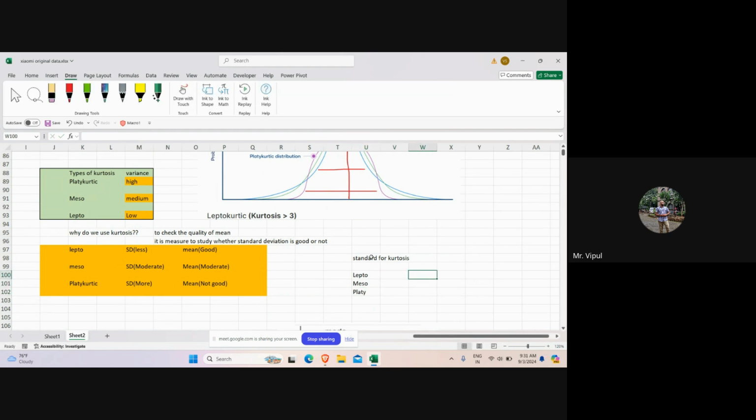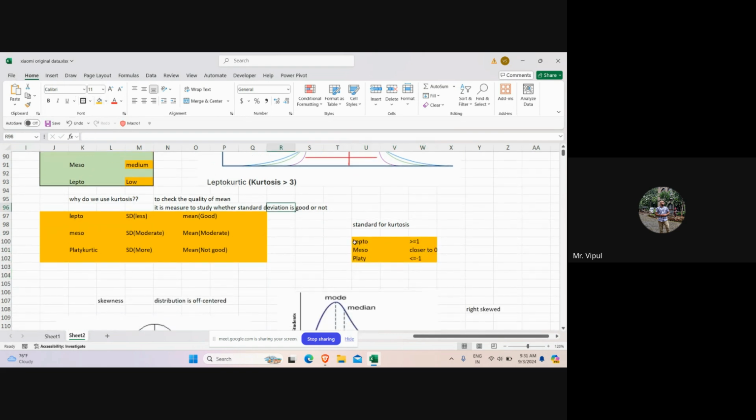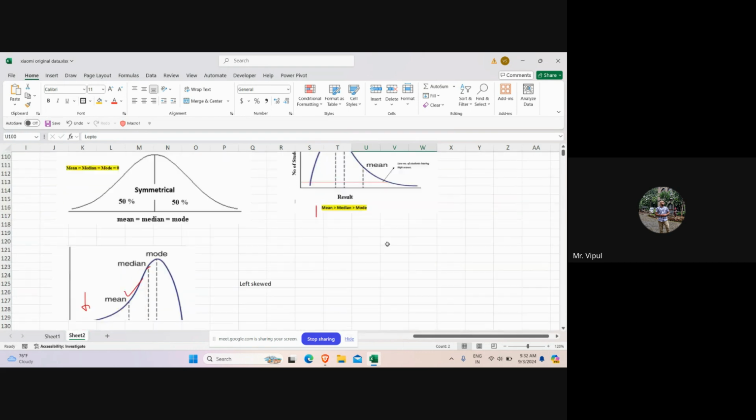For leptokurtic curve, kurtosis is greater than or equal to 1. For meso, it is closer to 0. And for platykurtic, it is less than or equal to -1. -1 से कम रहेगा, so that is your platykurtic. If it is greater than or equal to 1, then that becomes your leptokurtic.